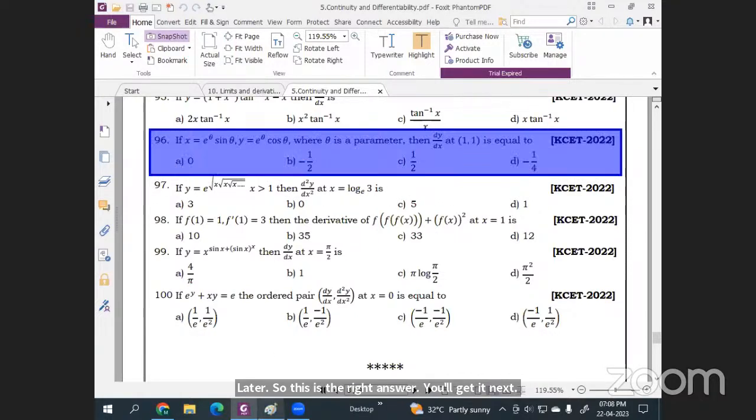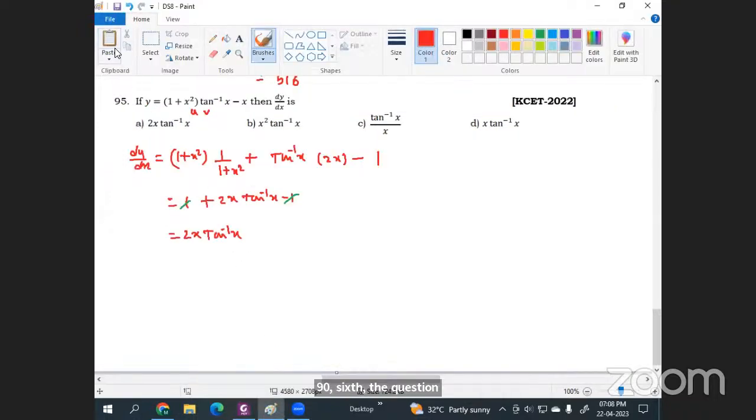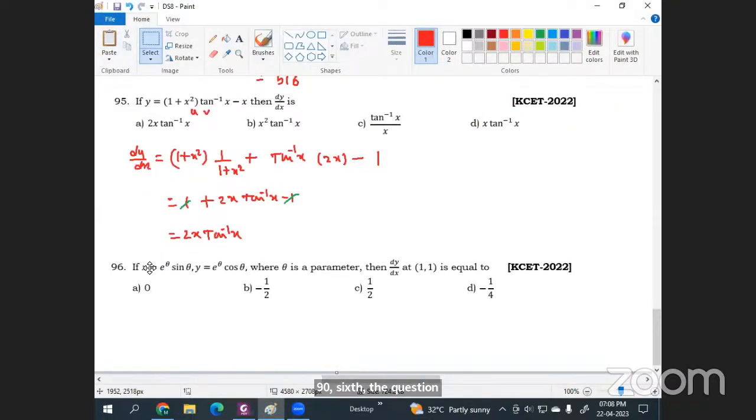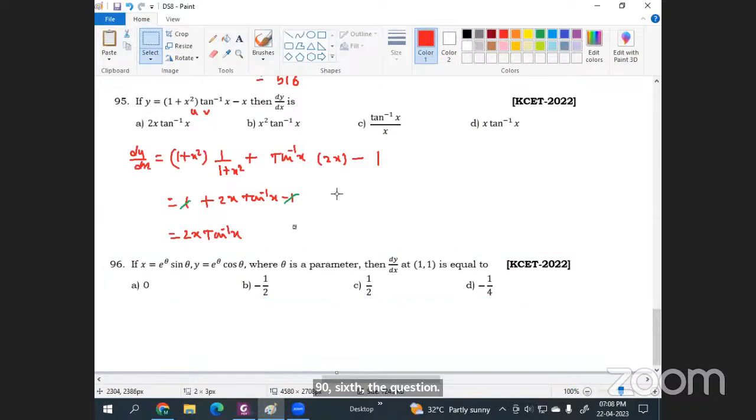96th question. Try the 96th. I'll give you 1 minute. Try this question. x equal to e power theta sin theta, y equal to e power theta cos theta, where theta is a parameter, then dy by dx at (1, 1) is equal to what?